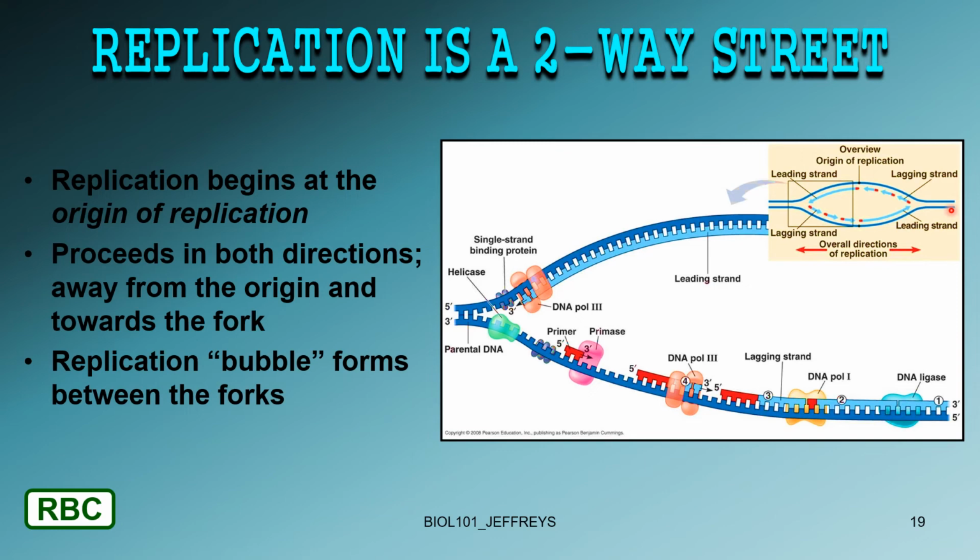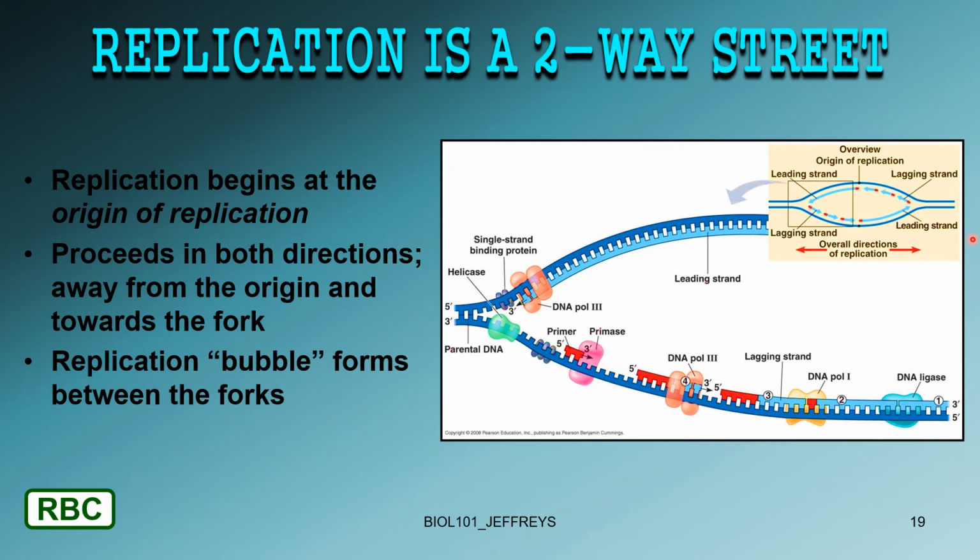We only looked at one side of it to describe the process here, but you can see that the replication begins at the origin of replication, proceeds in both directions. So we have an origin of replication, and the replication can go in both directions.